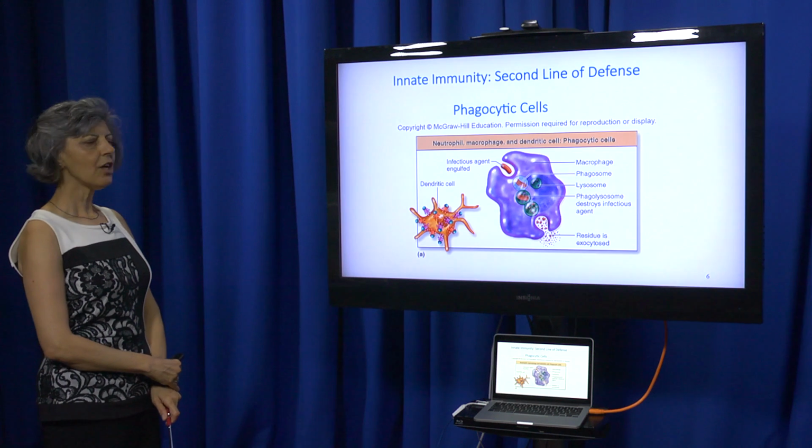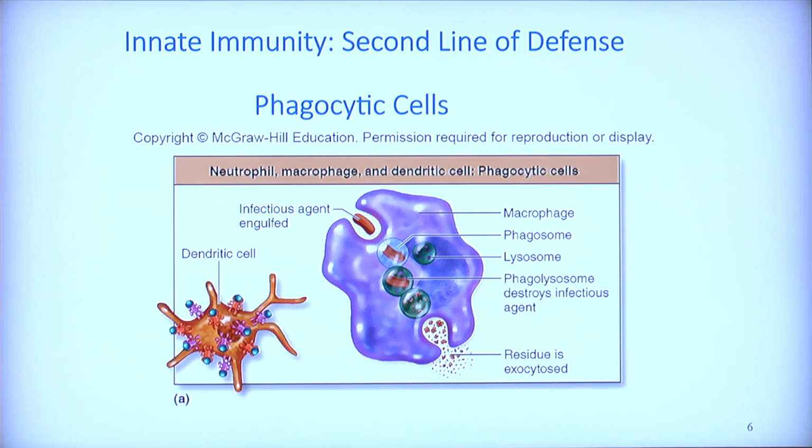The second line of defense, we're going to talk about several different entities, either cells or group of cells that do certain functions. So we're starting with the phagocytic cells. What are phagocytic cells? A group of cells that do the function of phagocytosis, and these are some examples.